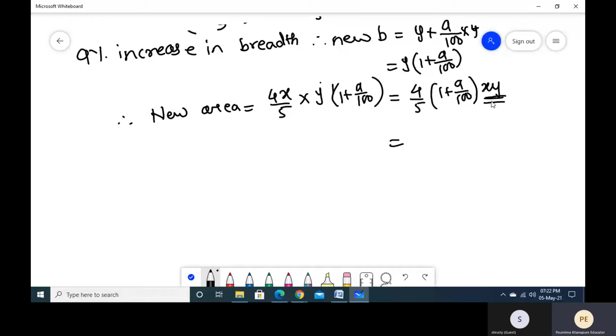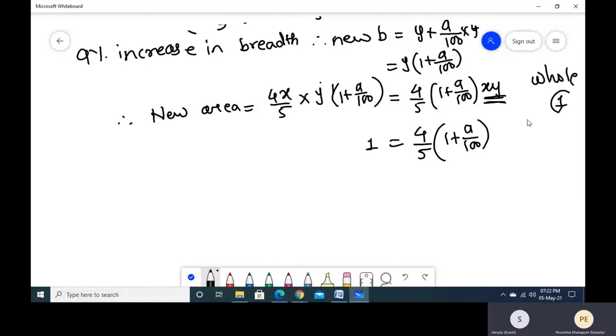Let's say the original area is the whole area, 1, or the 100% area. The new area would also be the whole 100%. We are increasing and decreasing something over there, but it should be 1.